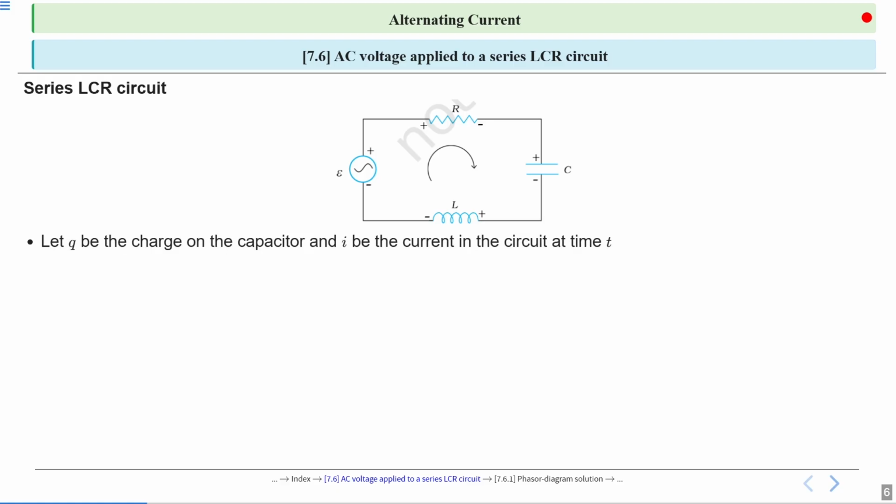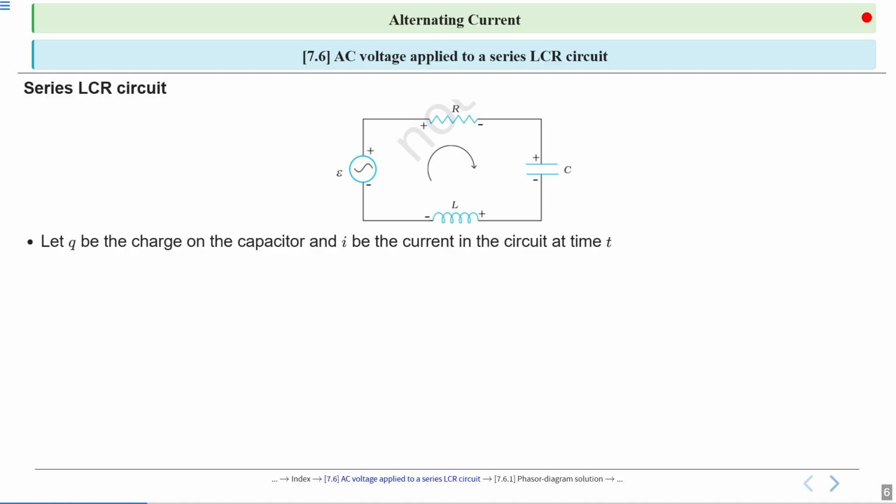So let Q be the charge on the capacitor, and I be the current in the circuit at time t. Current will be flowing through the resistor and inductor. But in the case of the capacitor, we will write that Q is the charge on the capacitor. We will not specify the capacitive component with the current; we will specify this component with the charge only.